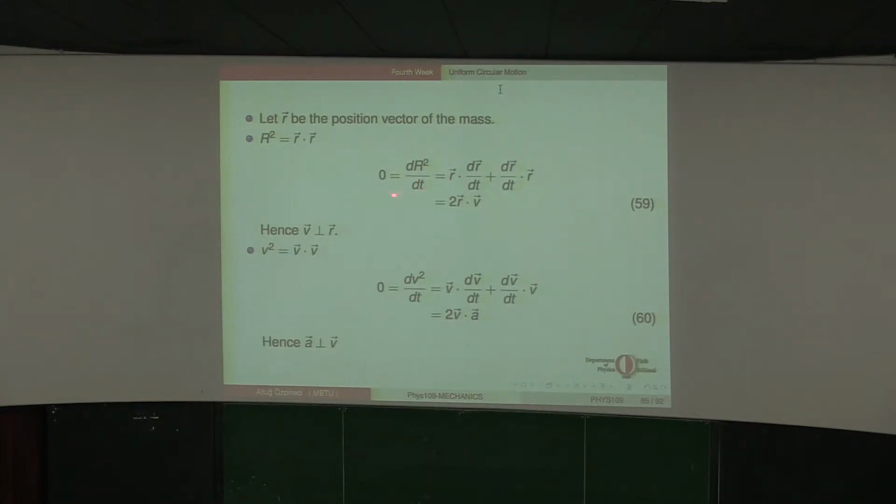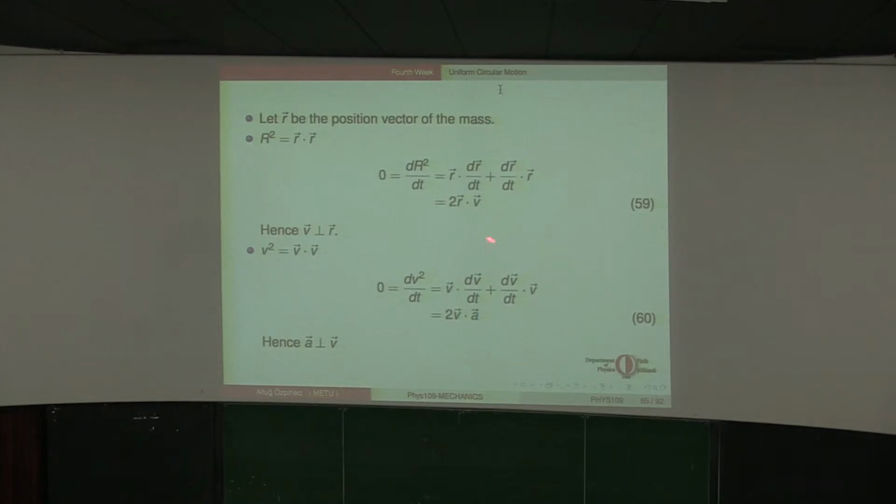If I take the derivative, it is just the derivative of the product of two functions. It is r dot dr by dt plus dr by dt dot r. Well, in the scalar product I can just change the order. It doesn't make any change. The derivative of the radius vector with respect to time is what we defined as the velocity.